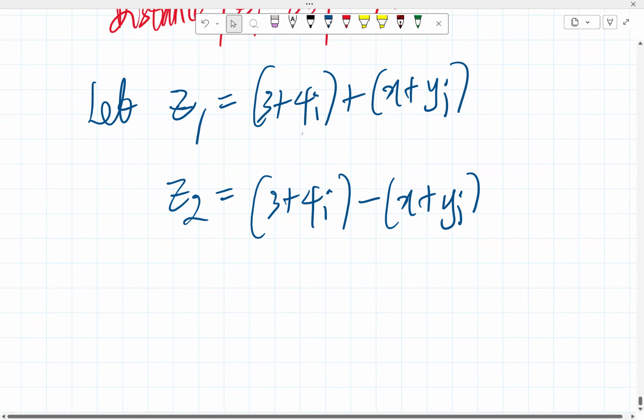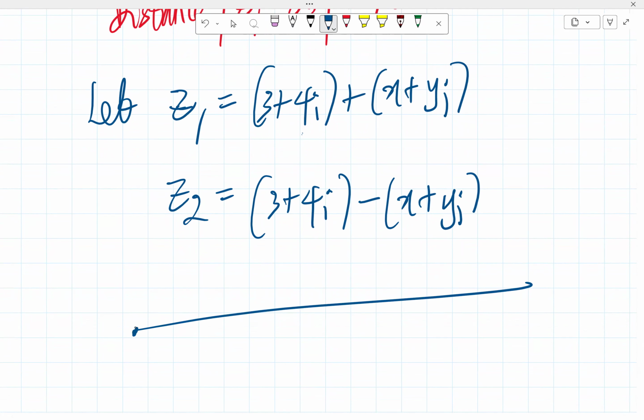So you have a line. Let's say this is Z1 and this is Z2 and this is the midpoint. The midpoint ZM is 3 plus 4i.